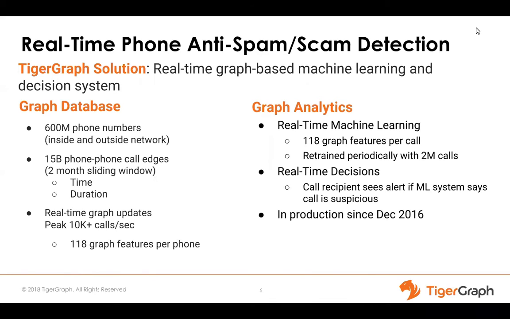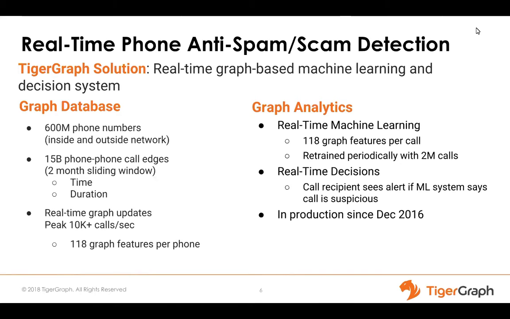As we'll get into in the machine learning, we're extracting 118 graph features per call in real time. We periodically use these features to retrain the machine learning model using a selected set of a couple million calls from the 15 billion.